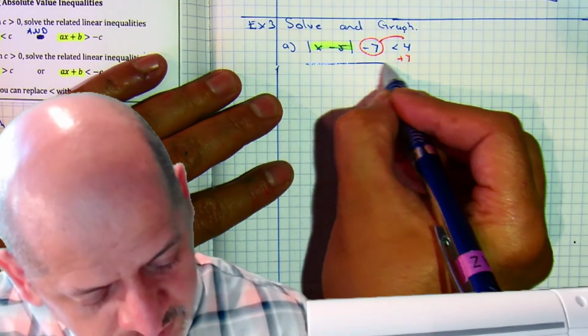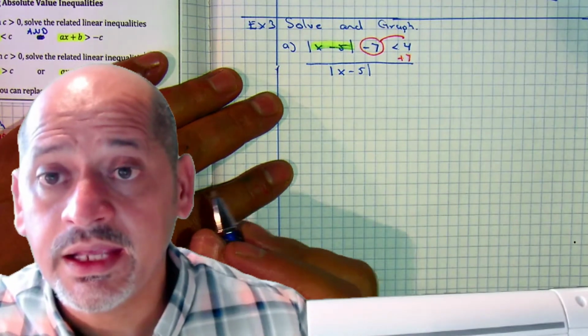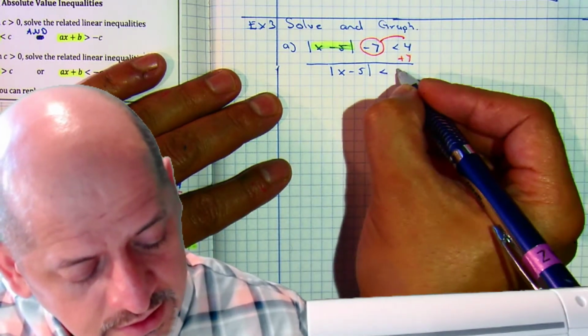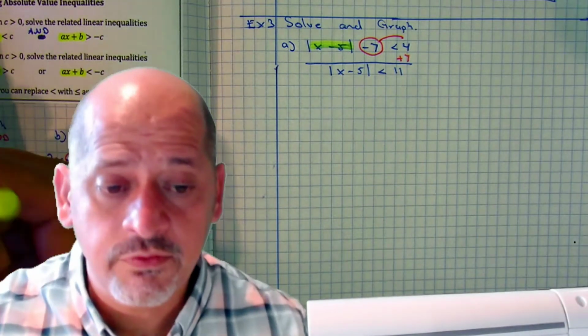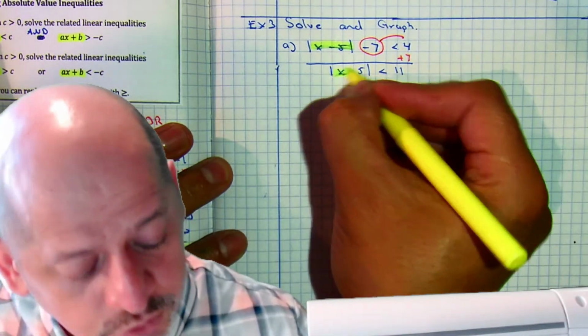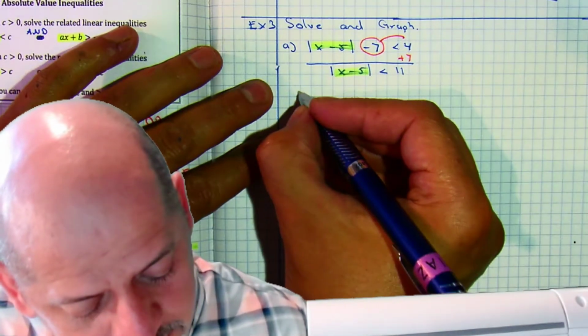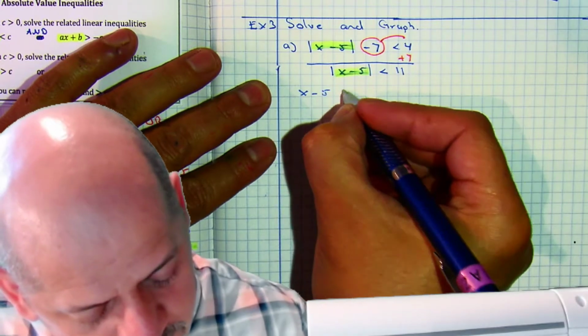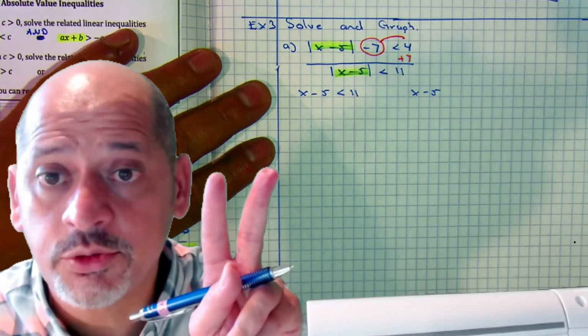And now we have the absolute value of x minus 5 on the left is less than 11. And now that we have the absolute value by itself, now I can separate into two different inequalities. The first one will stay the same. The second one, remember, two things I need to change.